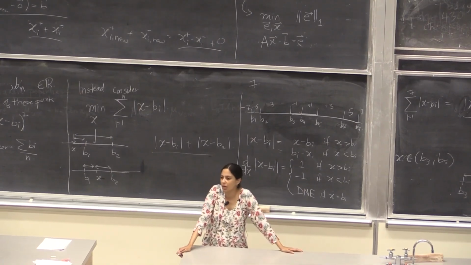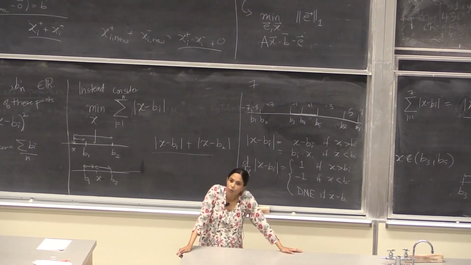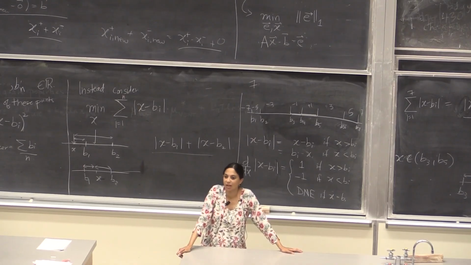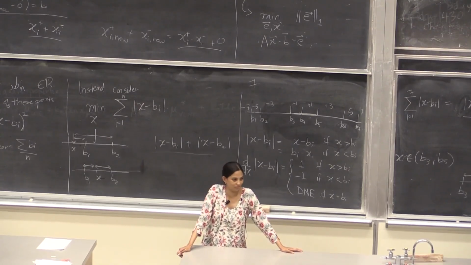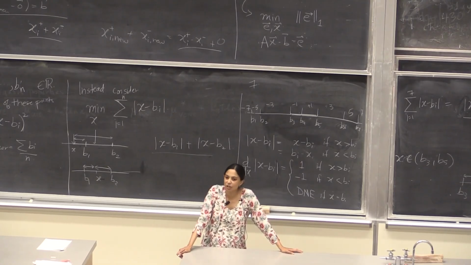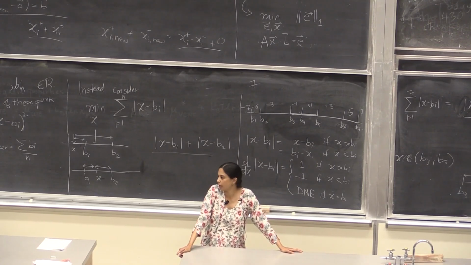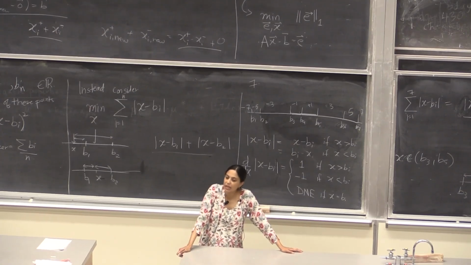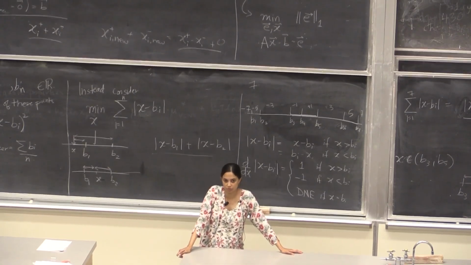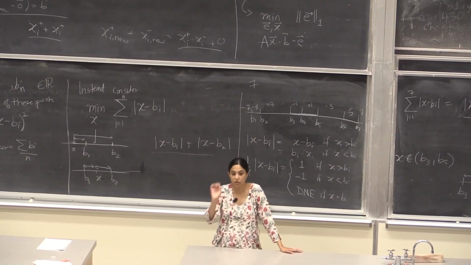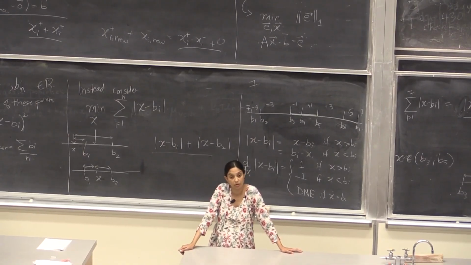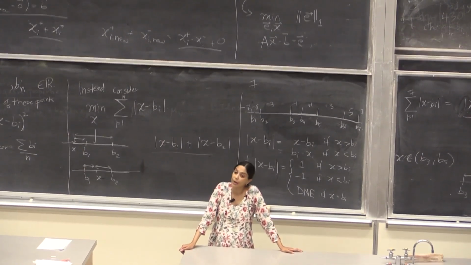If b7 was an outlier, what would your median be? It would still be b4, right? Even if you had some crazy perturbation on the edges, the change in your median will be much, much smaller, or not at all, compared to the change in your mean.